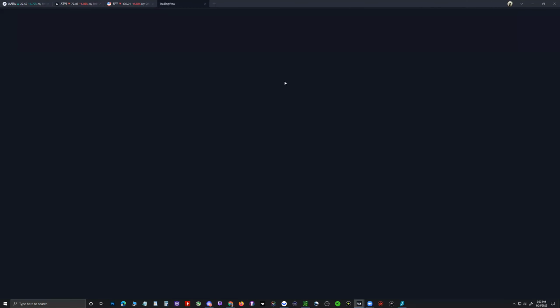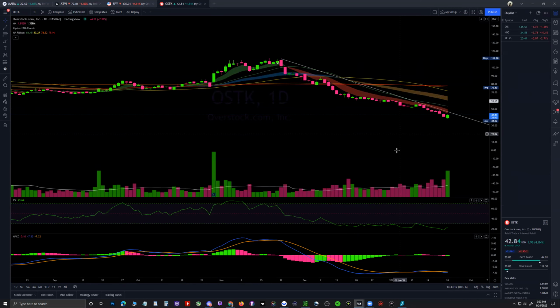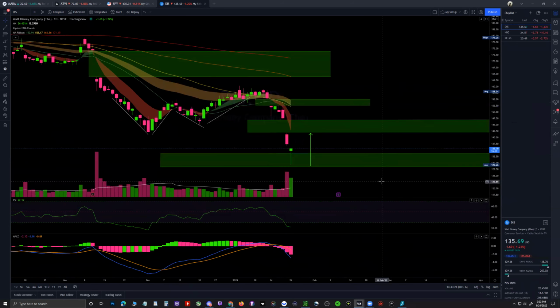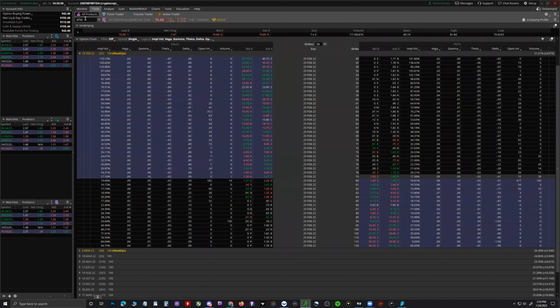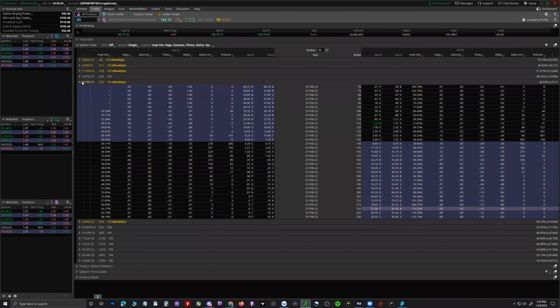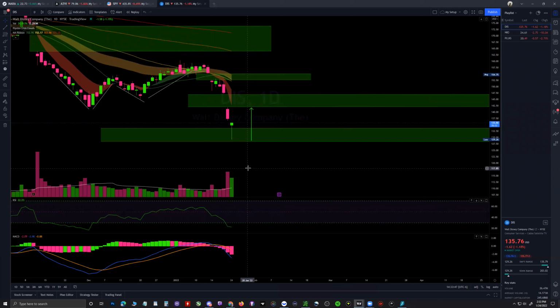Let me open up our playlist. So we had 3 stocks that were added to the playlist today. We had Disney for a gap fill. I'm gonna put these 3 out.